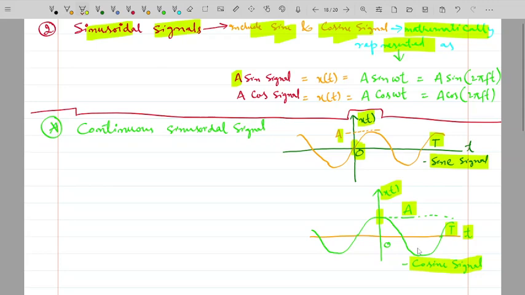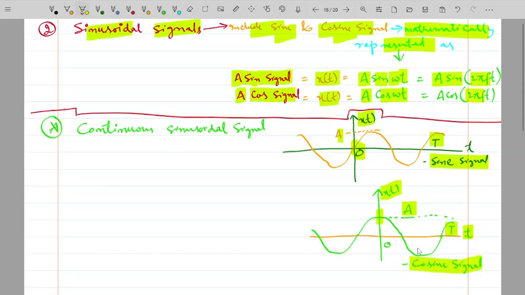Now the mathematical representation of the sine and cosine wave signals. First, the sine wave signal: A is the amplitude, and the signal is represented by x of t, which equals A sin omega t, with angular frequency omega and t the time. Here the value of omega is 2 pi f.